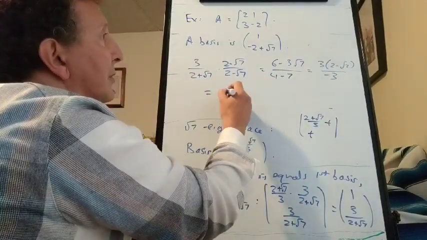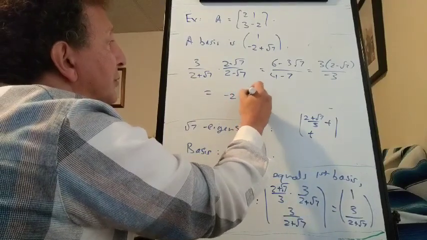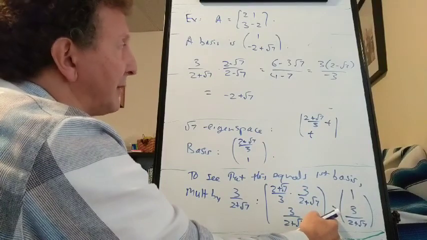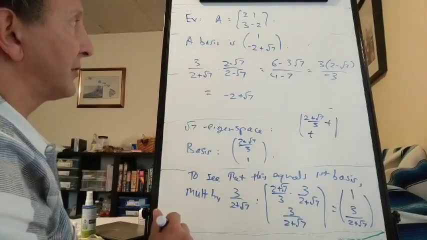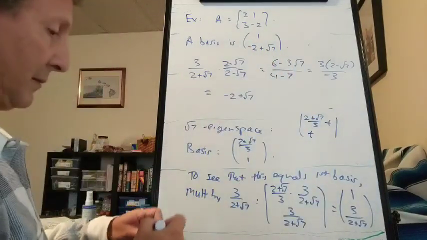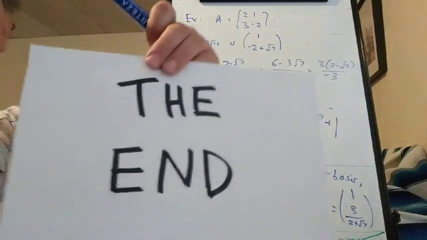So that equals negative 2 plus root 7. So this bottom fraction with the root 7 in the denominator actually is equal to negative 2 plus root 7. So these are two bases for the same space. The end.